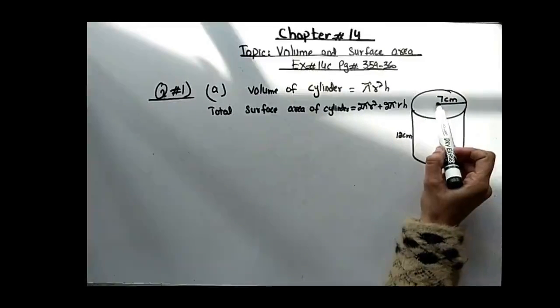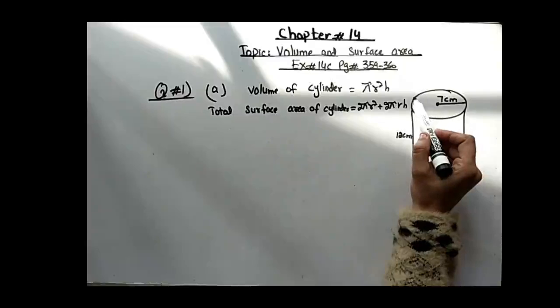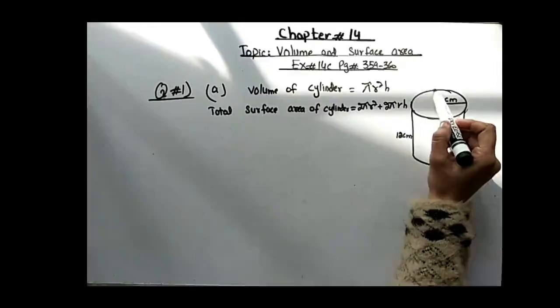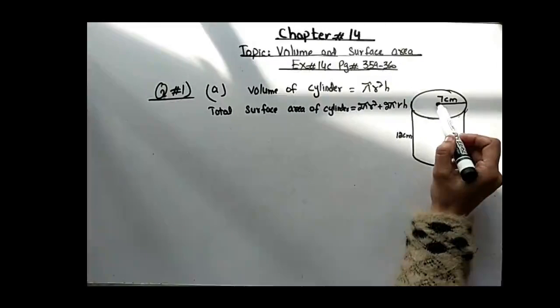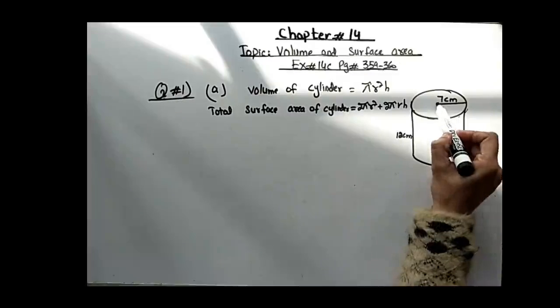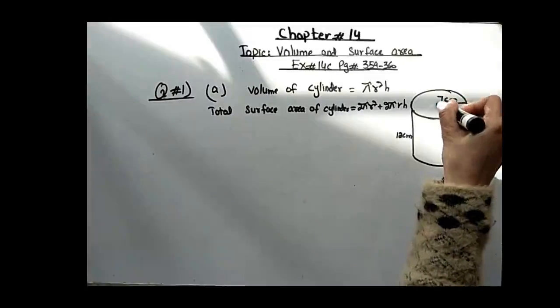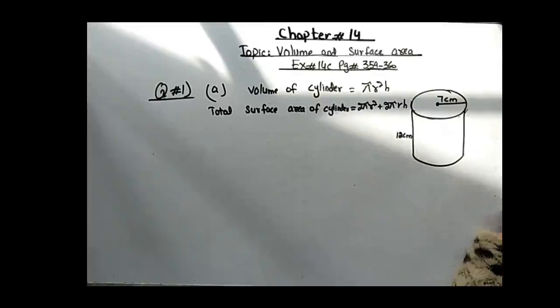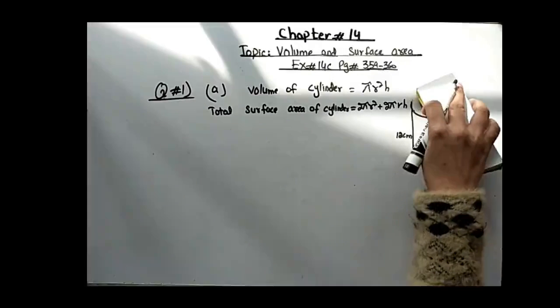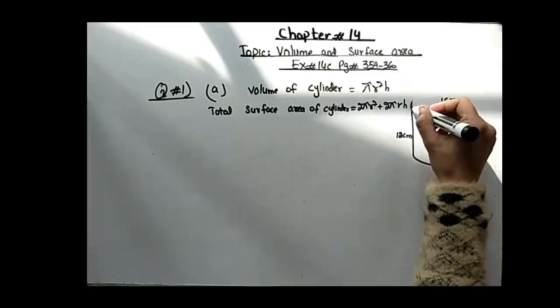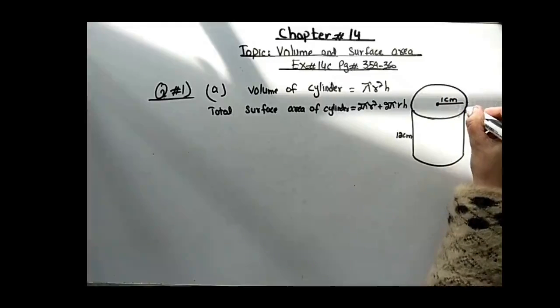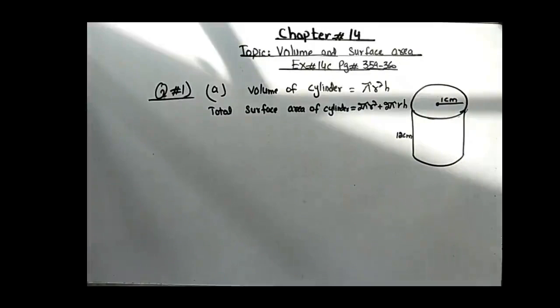Yes. You can see that this is a circle. And in a circle, the distance from the center of the circle to any point of the circle is called the radius, as we have already learned in the circle chapter.